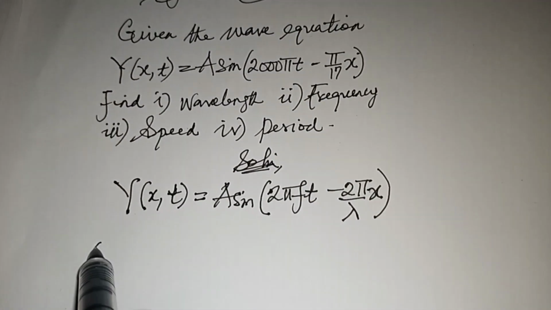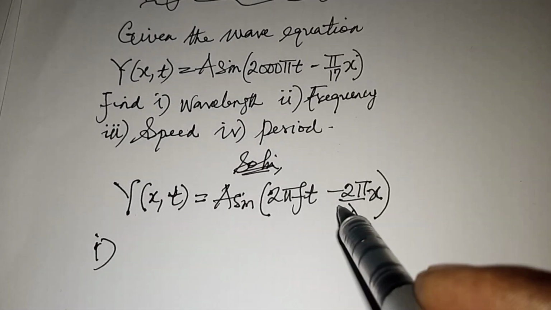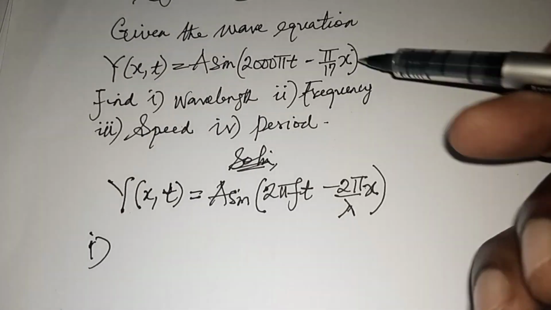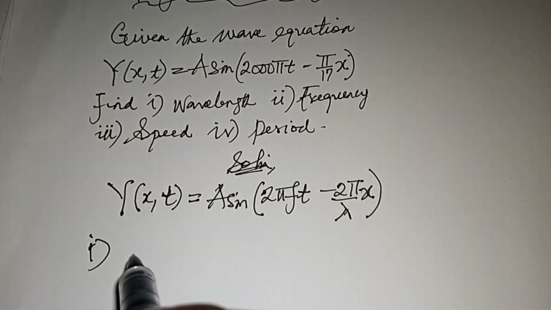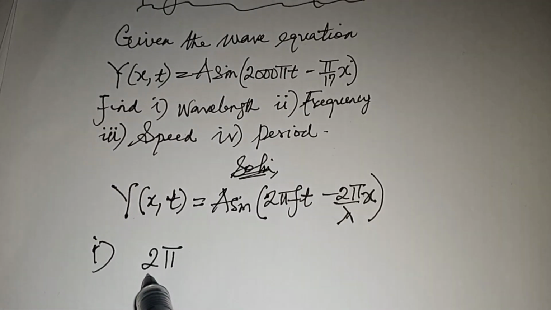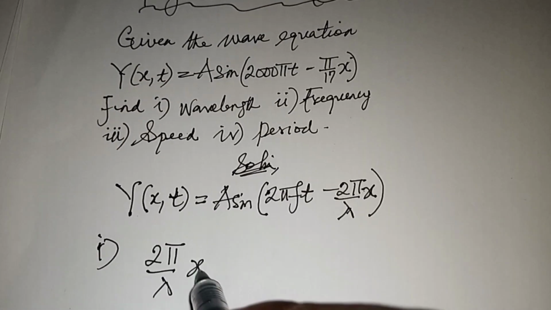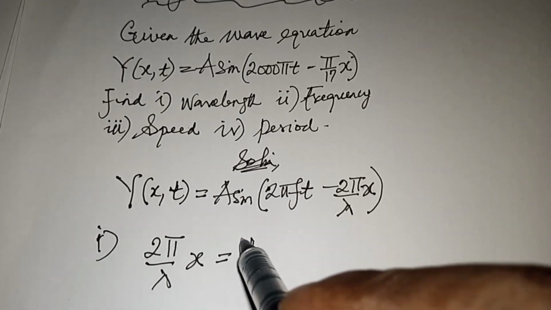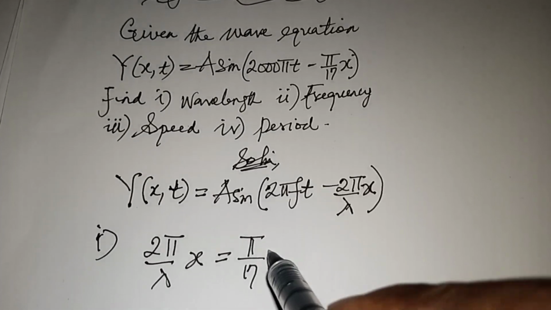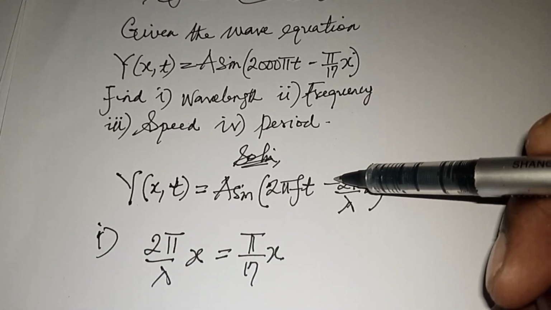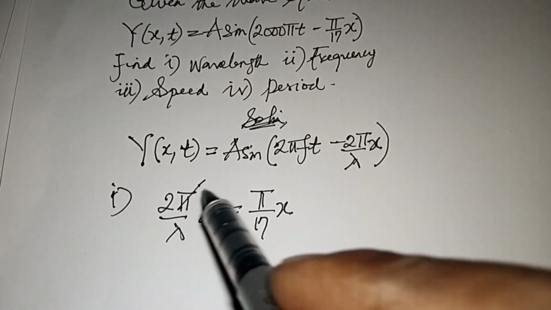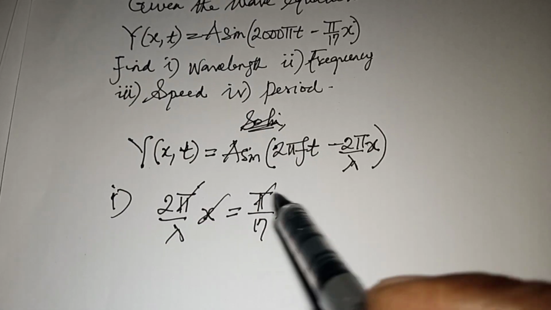All right, so let's go there. The first one we're looking for is the wavelength, which is lambda. So we compare this to this particular one. We have 2 pi over lambda of x is equal to pi over 17 of x. You may want to ask about the negative sign; of course, they will cancel each other. The same way this pi can easily cancel out with this pi, and x will cancel out with x.